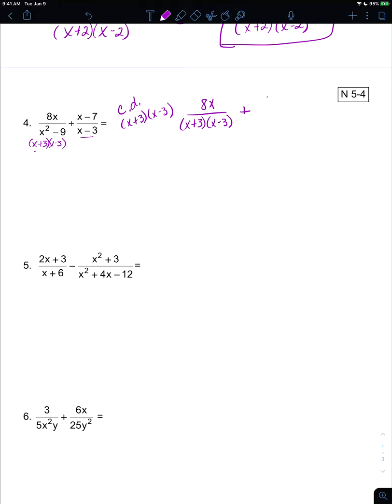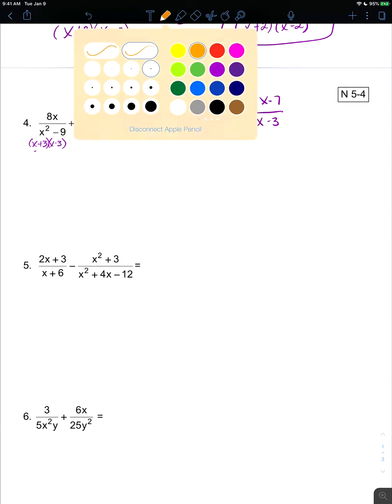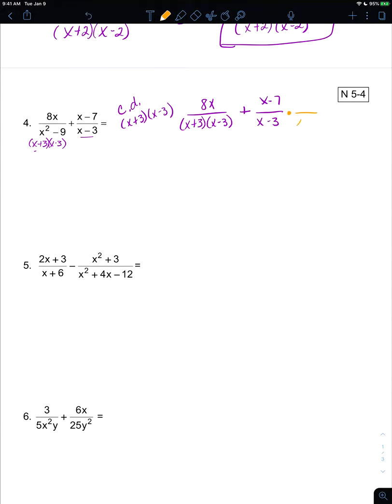But this second term needs that x plus 3. So we're going to multiply both numerator and the denominator by that x plus 3. So now we're going to make those equivalent fractions.